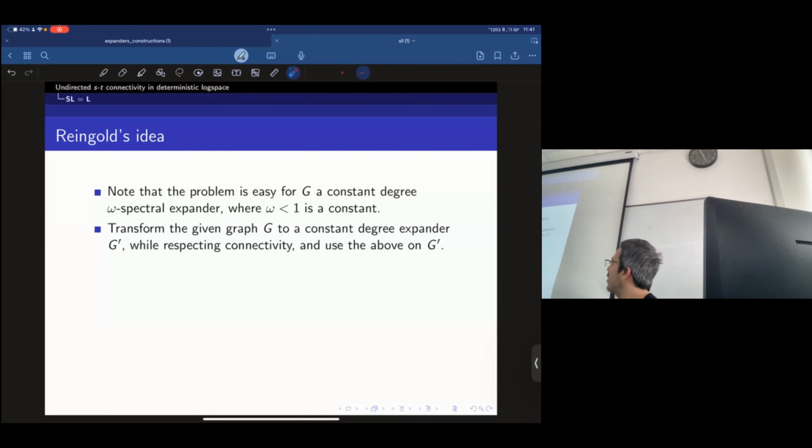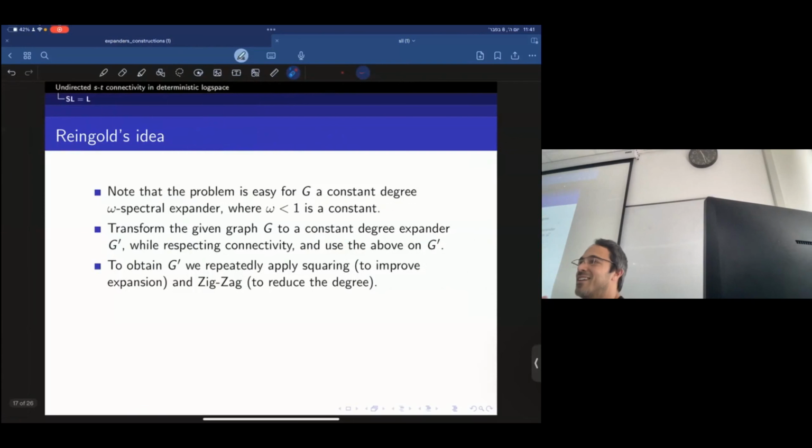Two vertices are connected in G if and only if the same two vertices are connected in G prime. That's not going to happen exactly because G prime is going to have other vertices. But for the two vertices in G, there are going to be two corresponding vertices in G prime, such that if the original vertices are connected, then so are the other two. That's what's going to happen. So G prime is going to be slightly larger. Actually, it's kind of annoying.